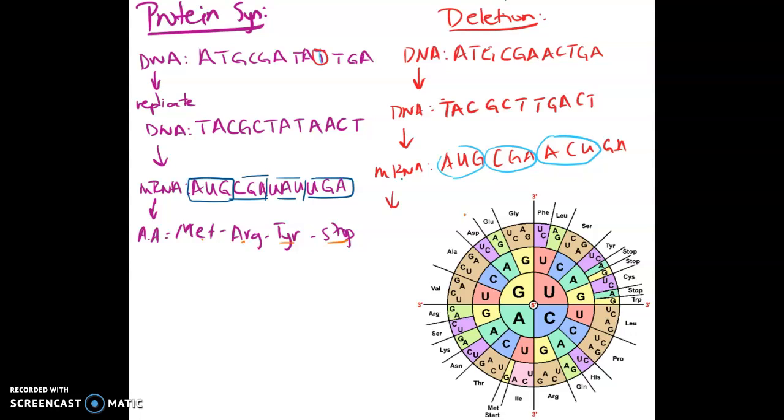And then if we made our amino acid sequence, we would still have MET, CGA would be arginine, and then ACU would be threonine, right? And then because the amino acid sequence is different in the deletion sequence than the original, it would alter the protein, which would alter the trait.